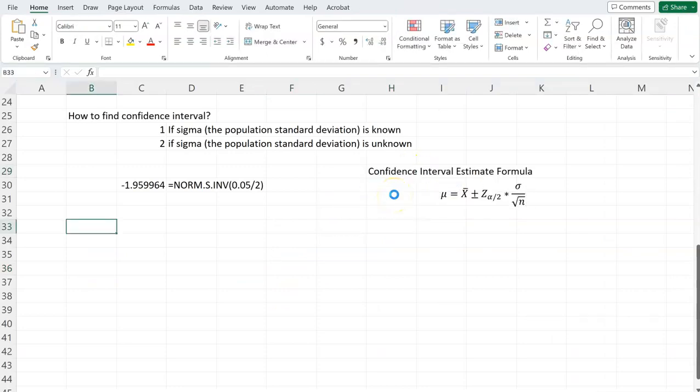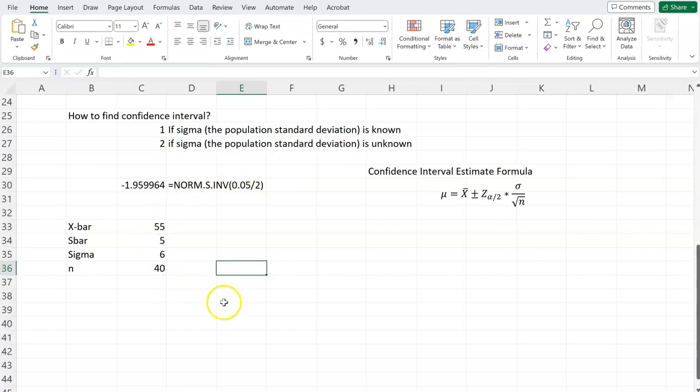So now let's look at the case where the population sigma, or population standard deviation, is known. Supposing we're using our same example above, let's say my x bar is 55, and s is 5, but I know from maybe a previous experiment that the sigma is 6 and my n is 40.